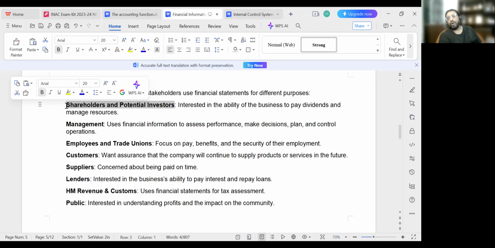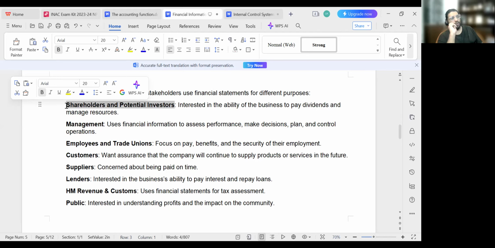One, they want to see where their money is going, whether the company is doing well or badly. Two, if the company is not performing well, they would pull out their funds and invest somewhere else. Or potential investors, the persons who are looking to invest in the company, are also stakeholders and users of the financial statements, and they are interested in the affairs of the company, right?